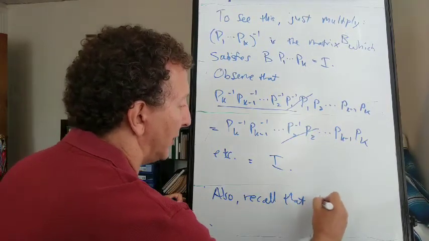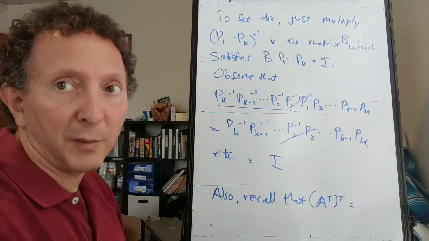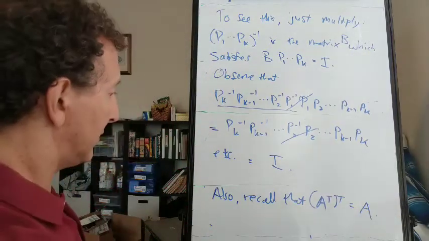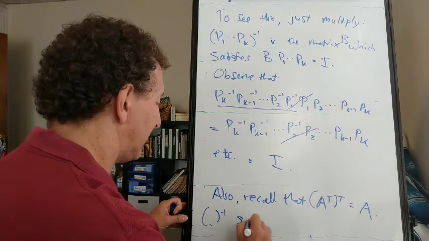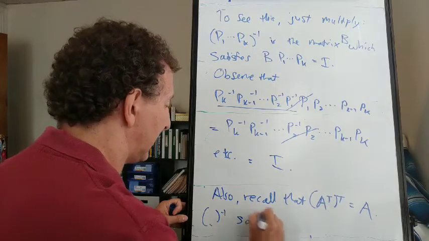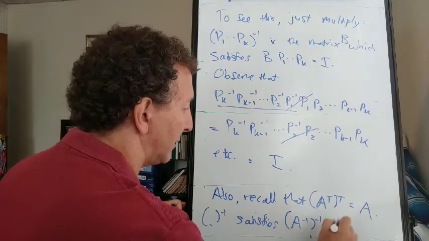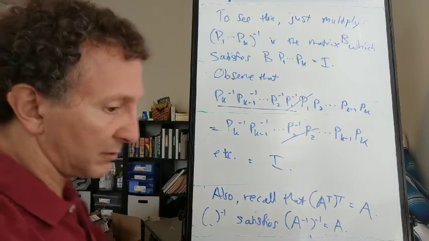Now also recall that if we take the transpose of the transpose of a matrix, we just get the matrix back. Matrix inverse satisfies the same: the inverse of A inverse is just A, just like the transposes.